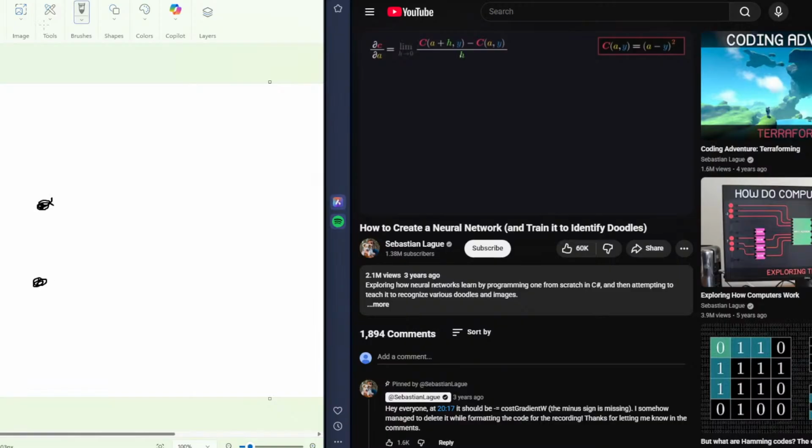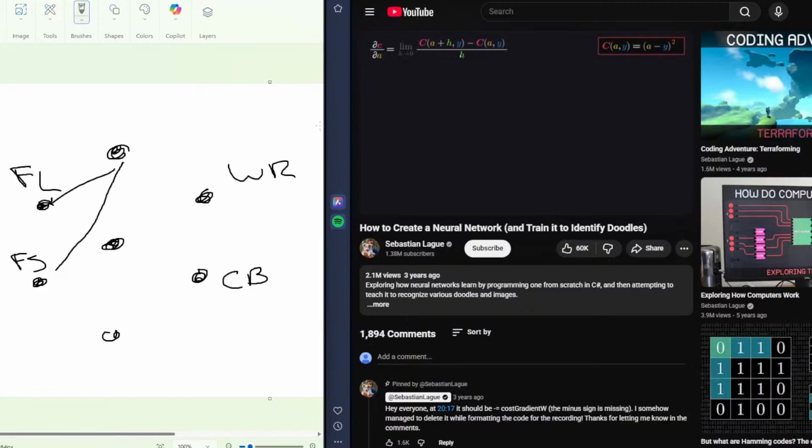It was like this, and then this, this, and then this, right? And then this was receiver, this was cornerback, and then this is, let's say, forward lean. This is foot separation. And this went here, and all that connected to here.